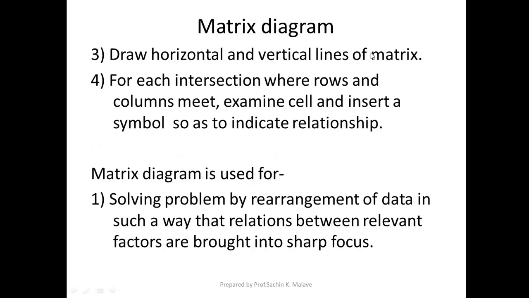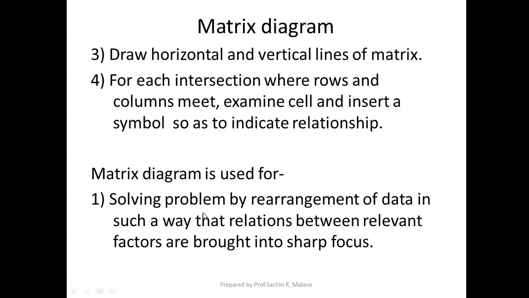Draw horizontal and vertical lines of the matrix. For each intersection, wherever row and column meet, examine the cell and insert a symbol to indicate the relationship. So whatever relationship exists between a row and column parameter, you indicate that relationship.